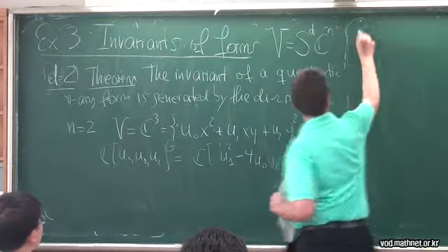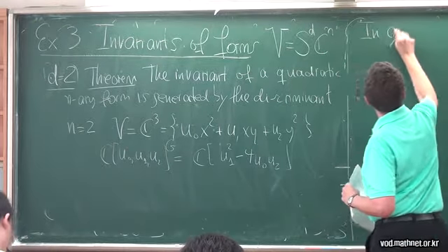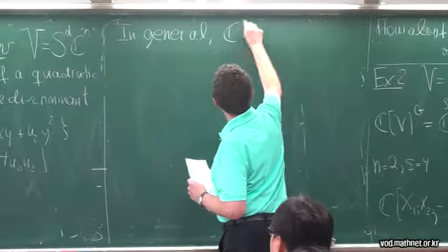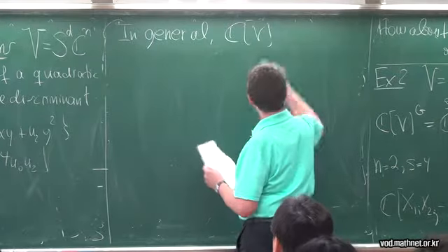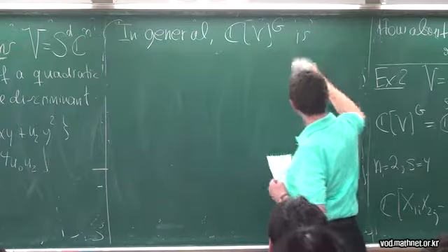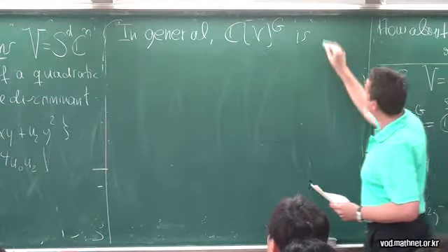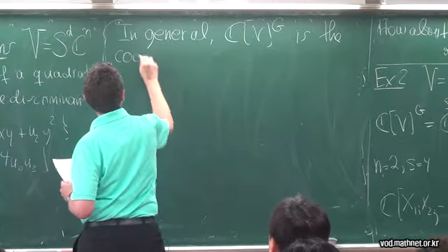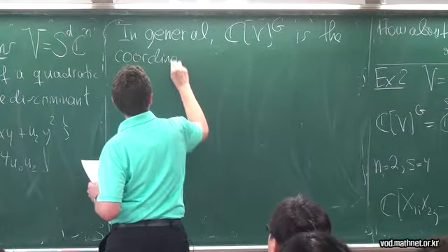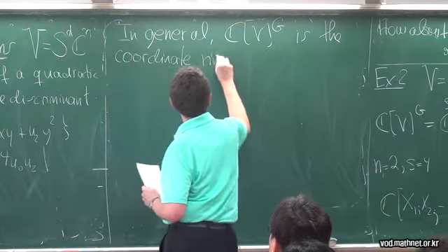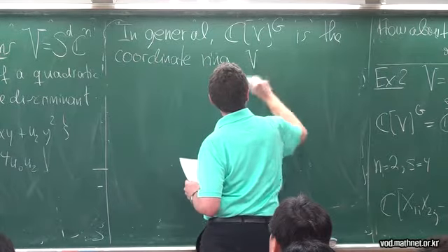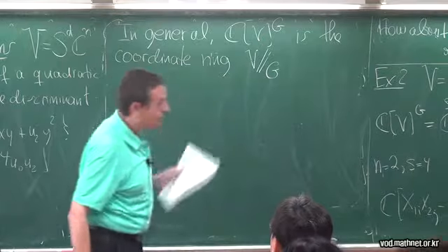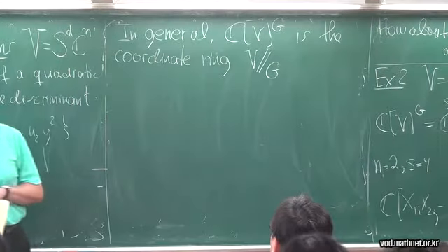In general, I actually had this sentence here. The invariant ring is the coordinate ring of a certain variety which I call V//G.